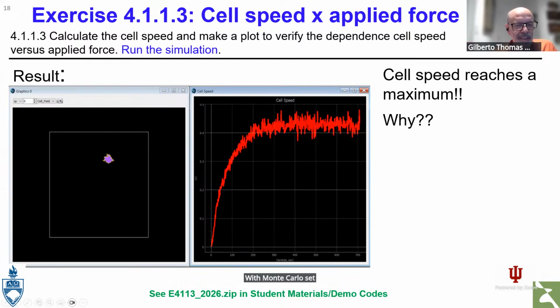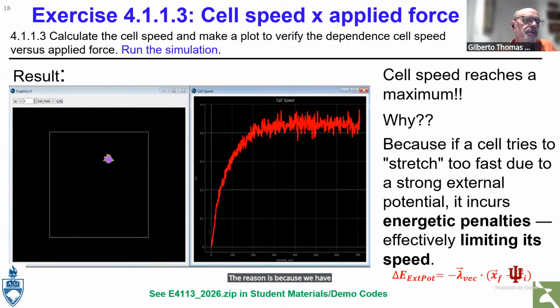The reason is that we have competition between plugins. To increase speed indefinitely, the cell should be able to stretch the most because the force is increasing a lot.